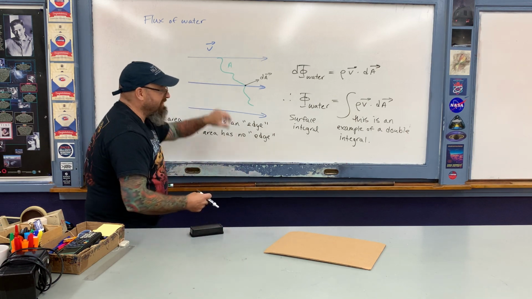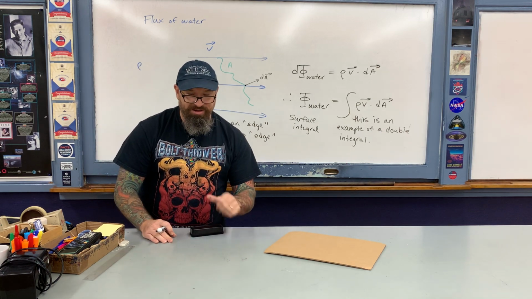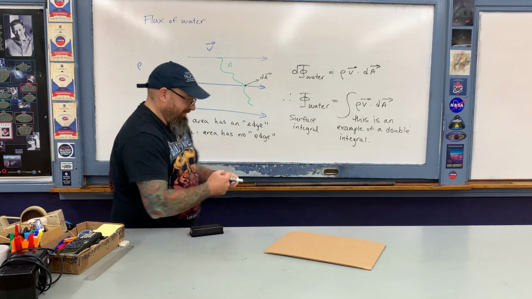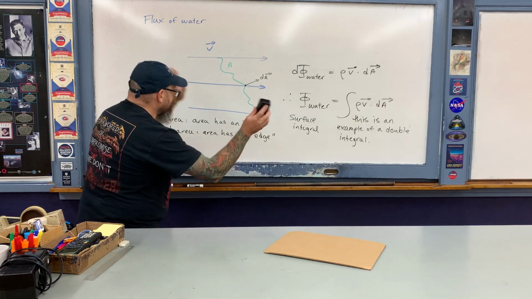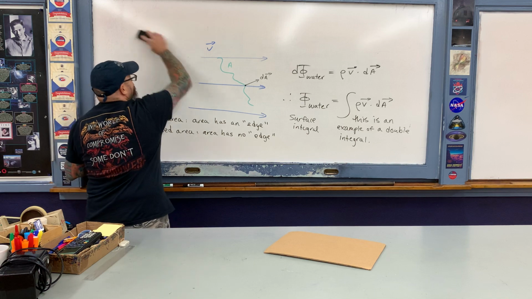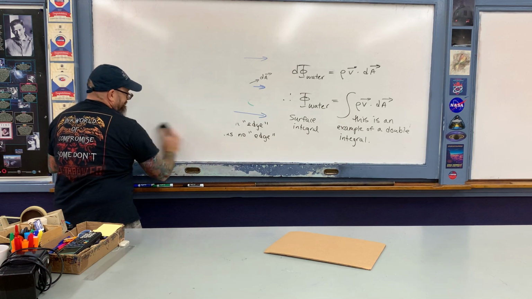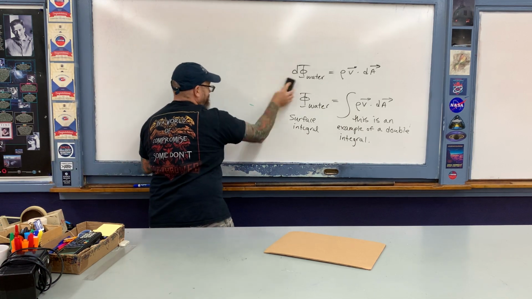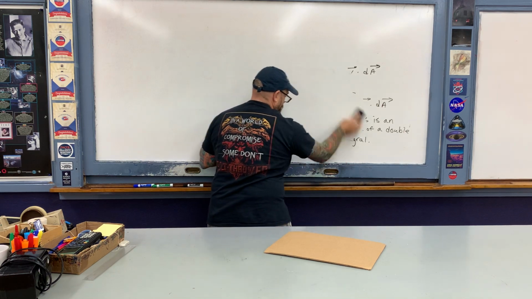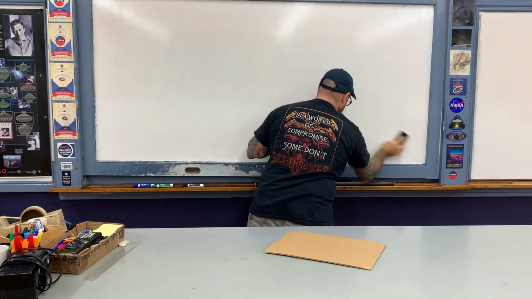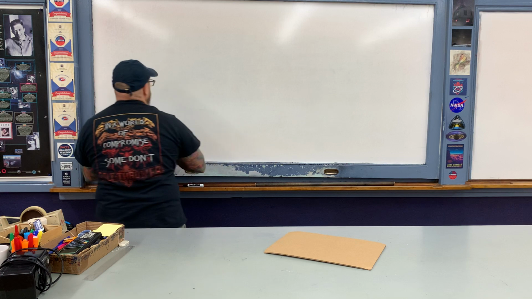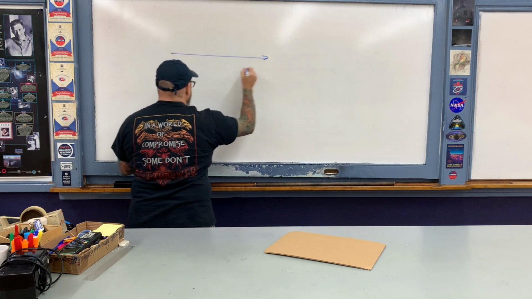Thus far, what I've been describing is through an open area. Let's see what happens through a closed area. Okay, now I'm going to do the following. Let me do some erasing here. Okay, and then I'm going to once again draw my field lines like so.